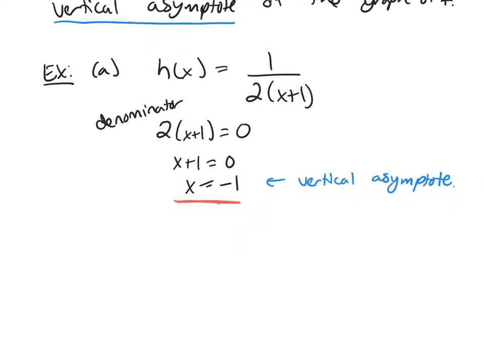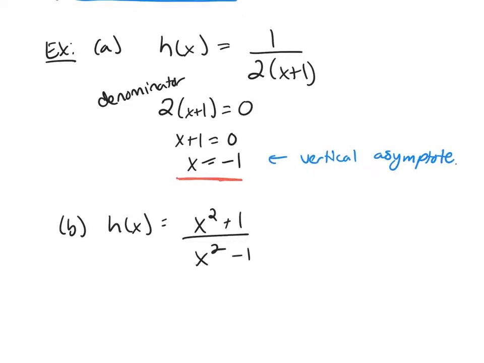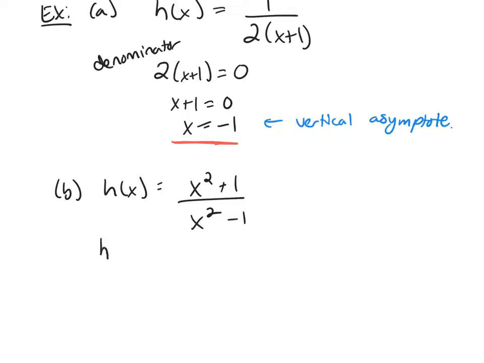Let's look at another one. Let's look at the function x squared plus 1 over x squared minus 1. Now you do probably want to factor everything as much as you can. I can't factor the numerator, but I can factor the denominator.